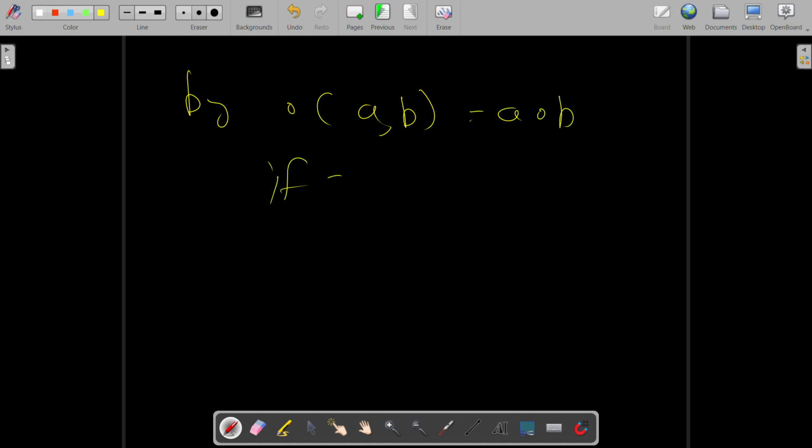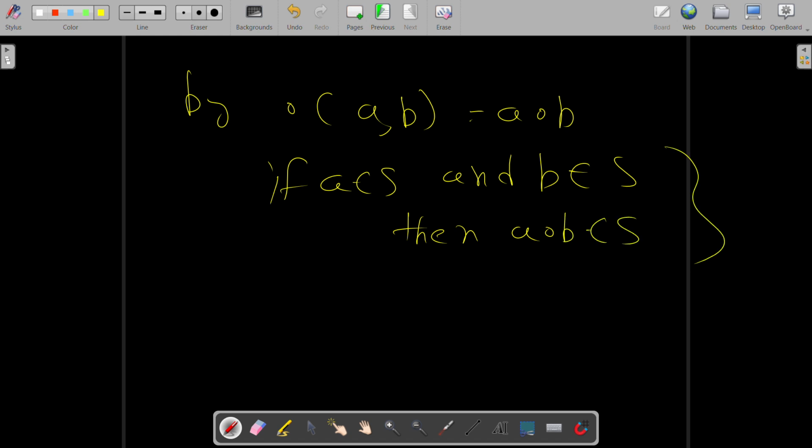If a belongs to S and b belongs to S, then a ∘ b belongs to S. This is our main topic of binary composition.